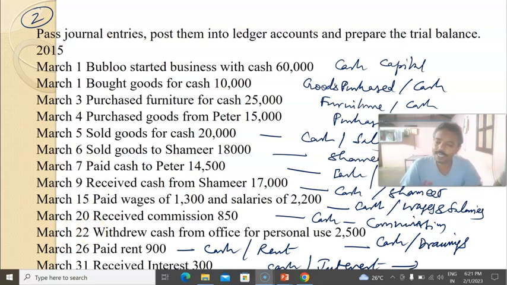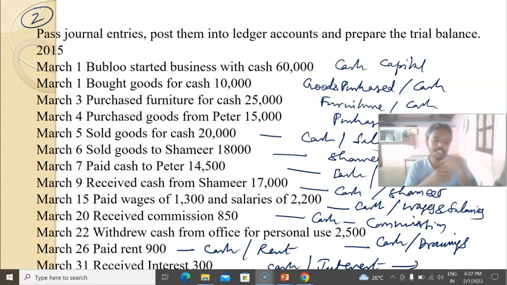When a proprietor invests money into the business, it's called capital. When he takes back money from the business, it's called drawings. It's called a drawings account. Please make a note. While applying the rule, we use Bablu's capital account.